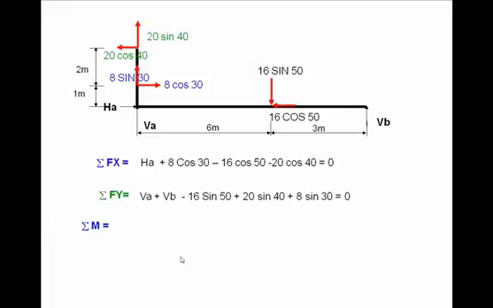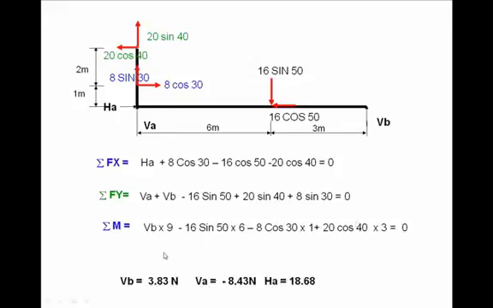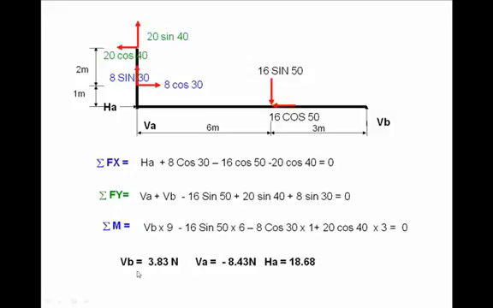And then taking moment about point A equal to 0, I get VB into 9, 16 sin 50 into 6, 8 cos 60, see this 8 cos 60 into height 1, and 20 cos 40 this into height 3, equal to 0. 3 equations, 3 unknowns, so you are able to solve it. VB is 3.83, VA is 8.43 and HA is 18.68.